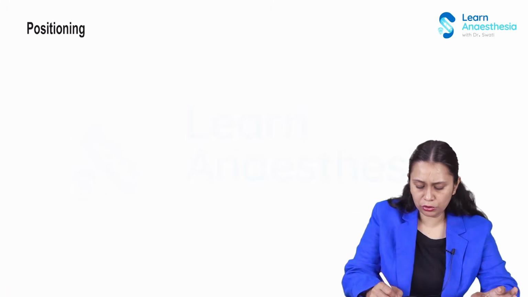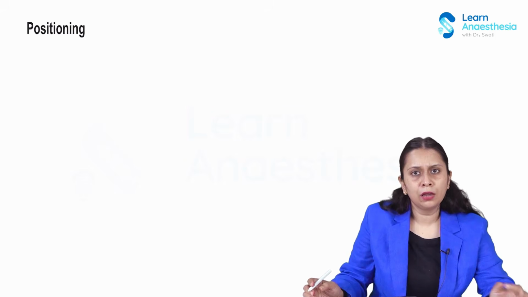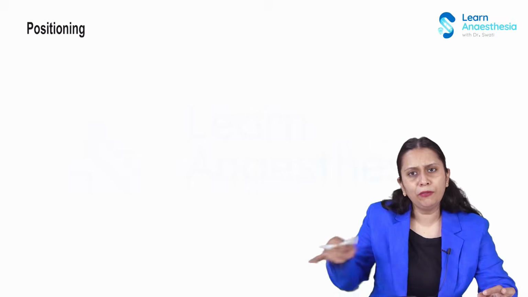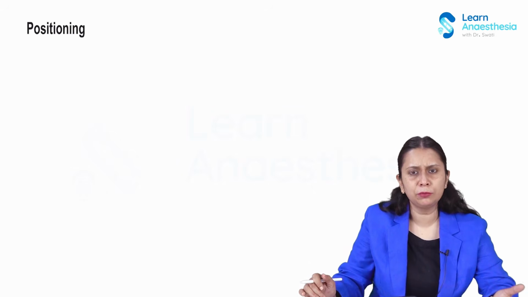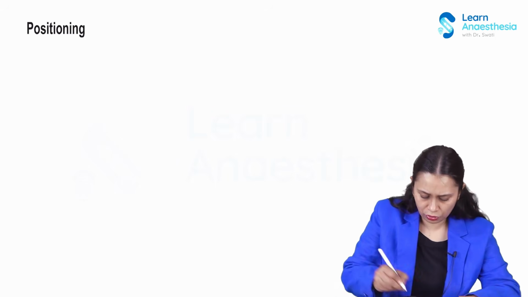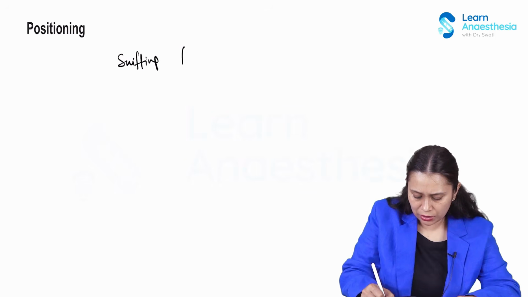Okay, now what position should we keep the patient in during RSI? The most preferred position for intubation is the sniffing position. So in RSI, before induction, keep the patient in that position. If the patient is obese, make the ramp position. So what is the sniffing position?